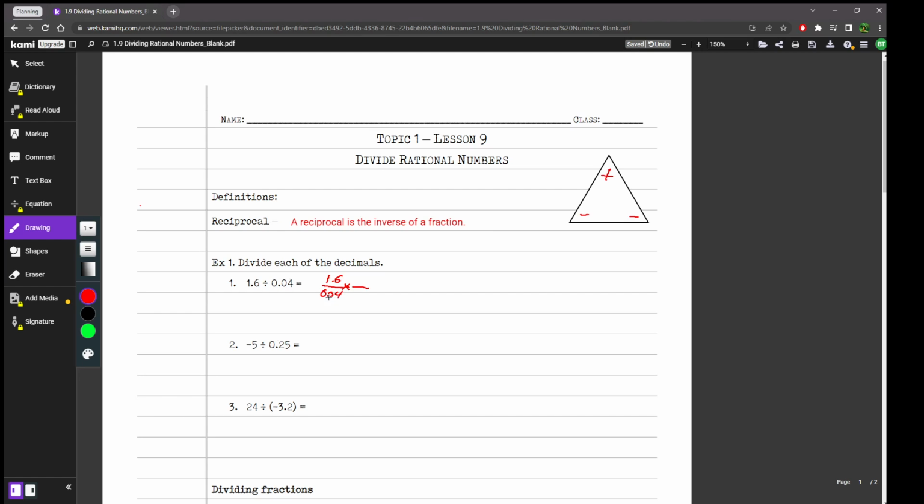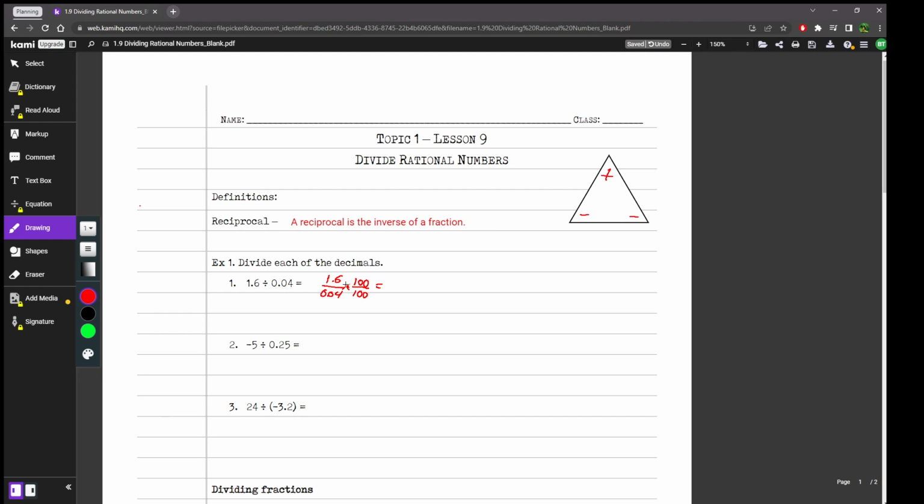Now, on the bottom here, I have more decimal places than I do on the top. So I'm going to focus on this number first. And I want to multiply this by 100 because I want to get rid of both of those decimal places. Now anytime I'm working with a fraction, if I multiply on the bottom, I have to do the same thing on the top. That keeps the number the same.